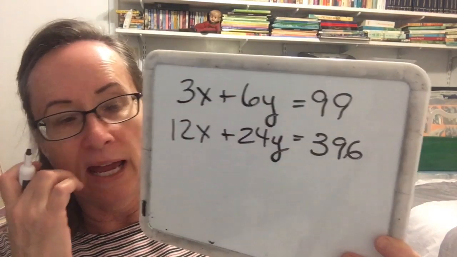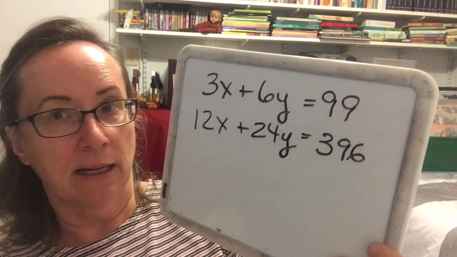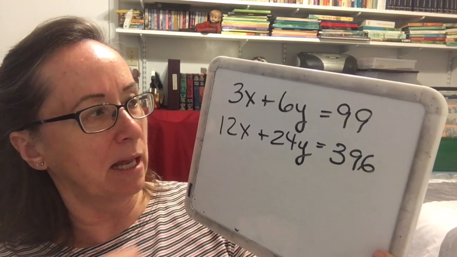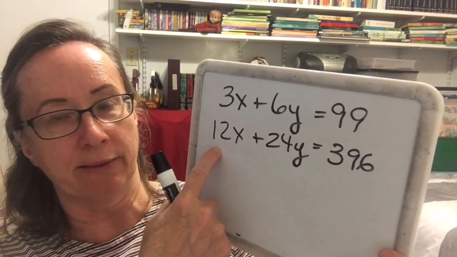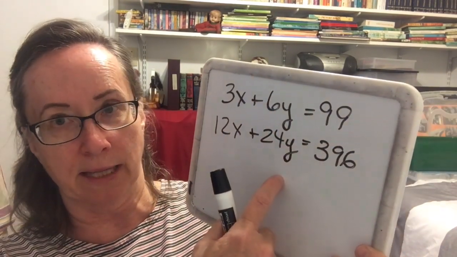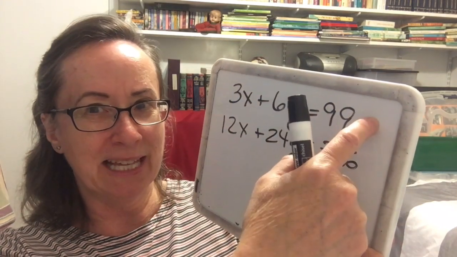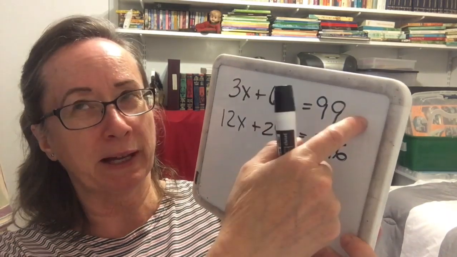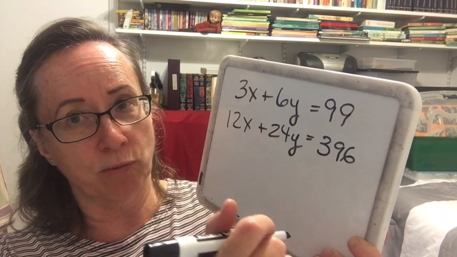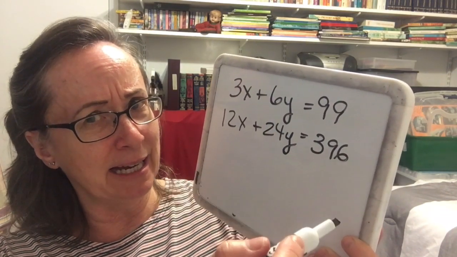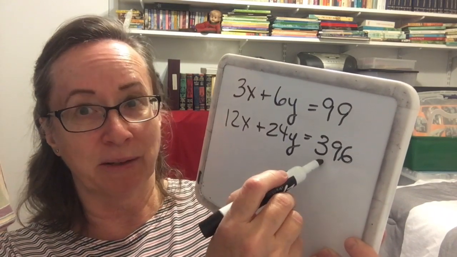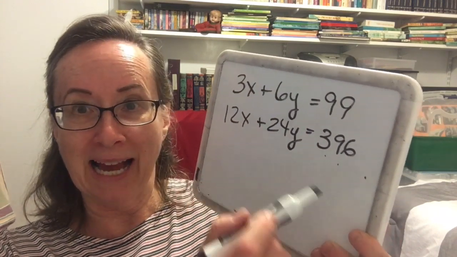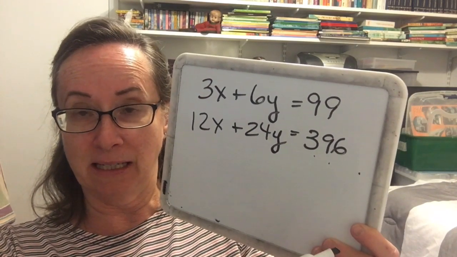Now this is looking very much like they have the same slope. If I multiply this by 4, I get this. If I multiply this by 4, I get this. If I multiply this by 4, do I get that? Well, if I multiplied 100 by 4, I'd get 400. So if I multiplied 99 by 4, I'd get 396. It would be 4 less than 100. So these are actually the same line.